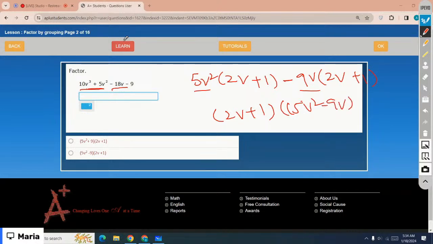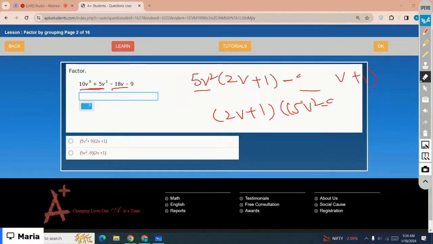Got it? No, you can take common 9 here only, not 9v, right?